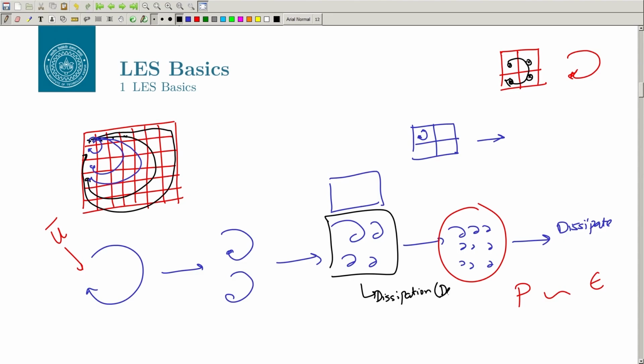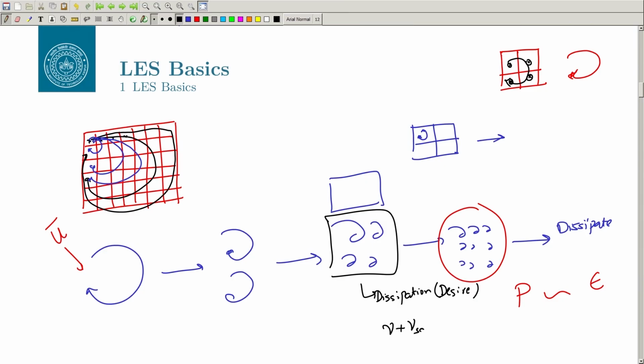Okay. This is our desire. So, how do you do that? Basically, you can increase the dissipation rate, and the way to do it is you have this molecular viscosity, and you add some other viscosity to that.